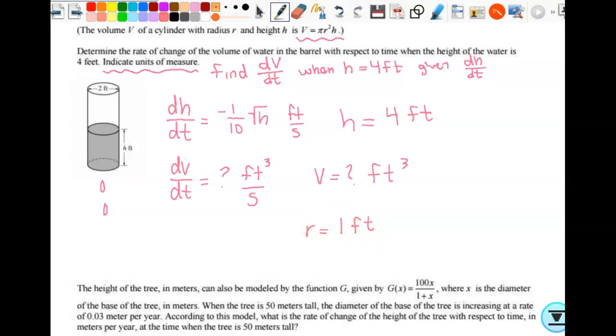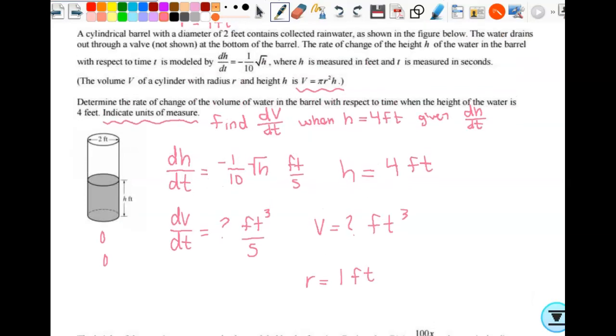All right. So then, do we know anything about dr dt? Do we know anything about how fast the radius is changing? No? Nothing?